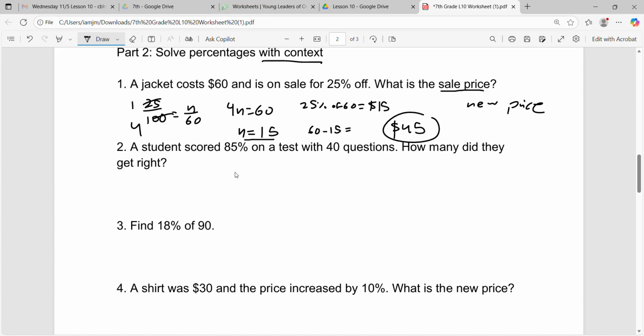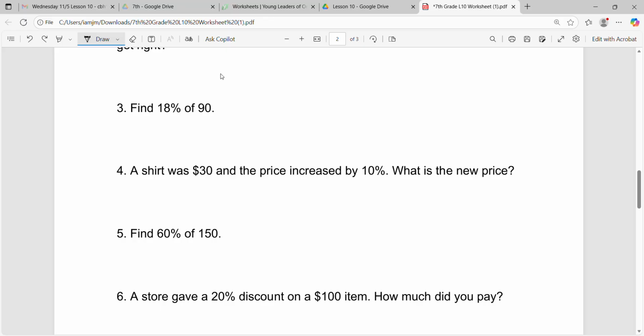Remember to read the question thoroughly so you don't make any mistakes of circling the wrong answer. Okay, number 3, 18% of 90. This one is like part 1. Very simple. Simplify, simplify, simplify. I'll just leave it like this.